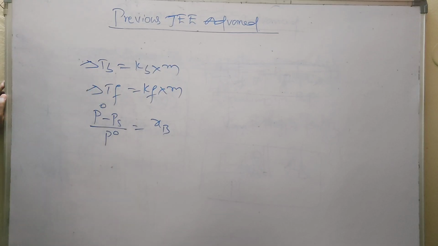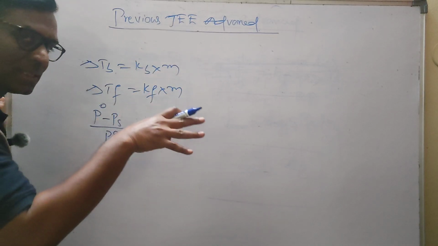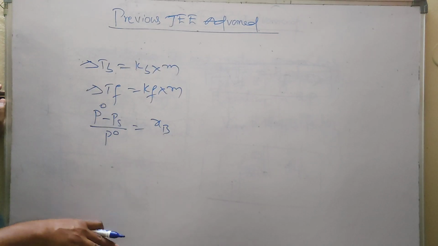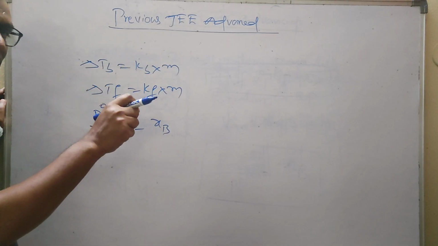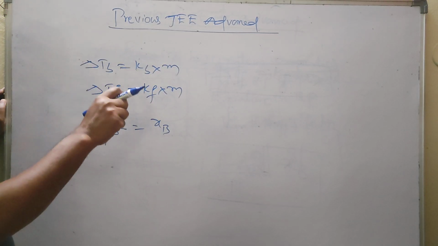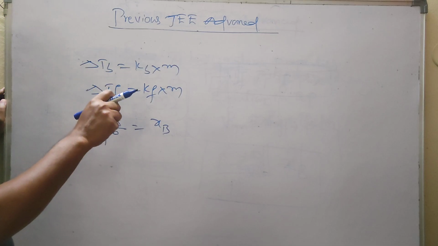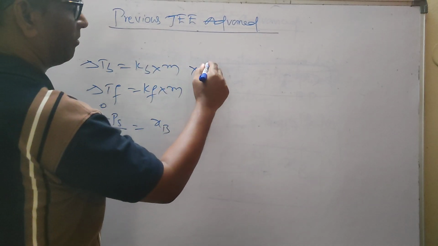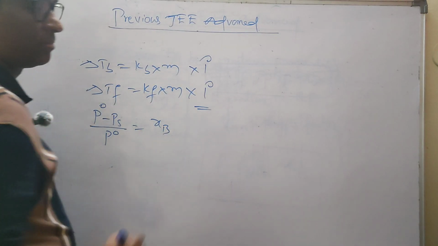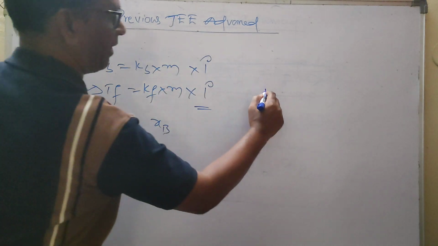For any type of colligative property, if an electrolyte is present in a given problem, remember, then definitely we can take the Van 't Hoff factor, that is i. You remember that point. This is called the Van 't Hoff factor i.